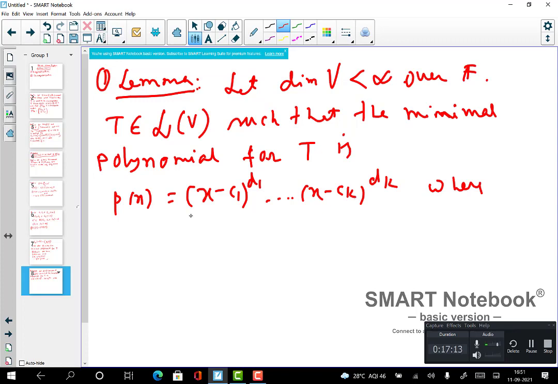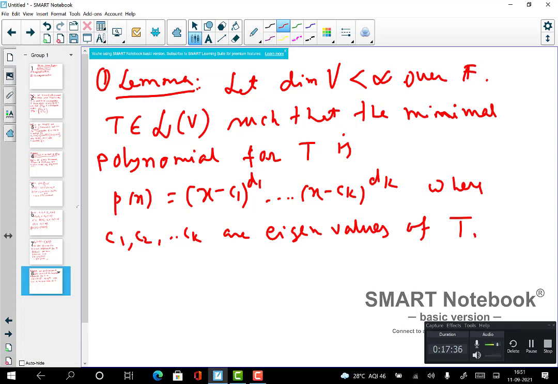So you have the eigenvalues of T, and then you write down these things. These ci's are elements of F.